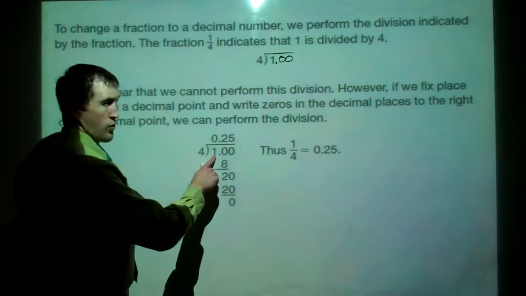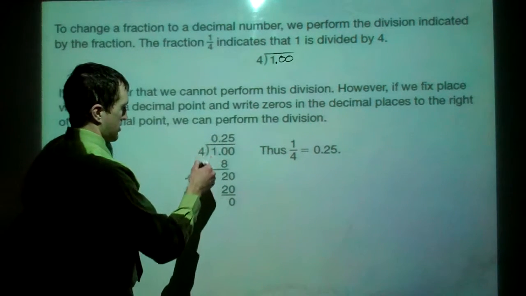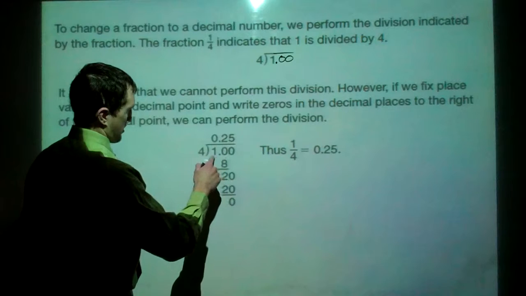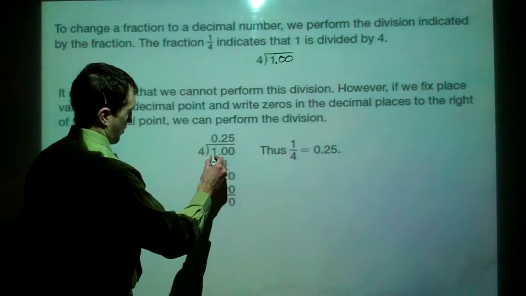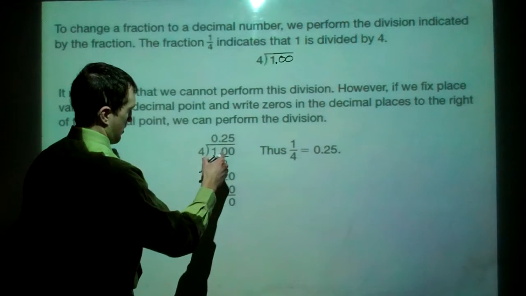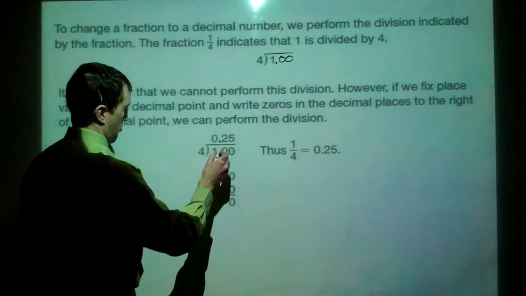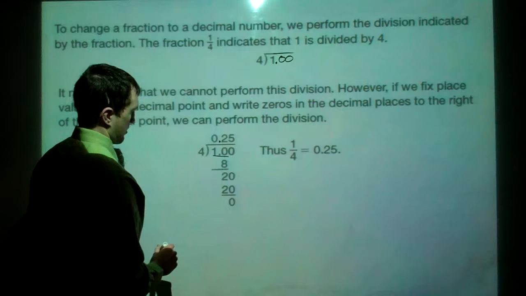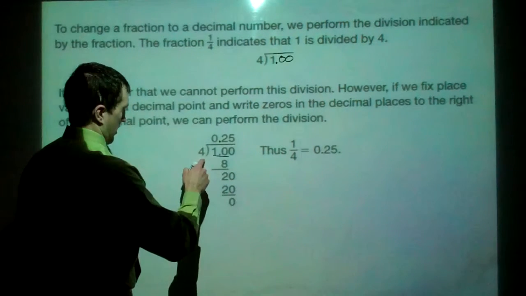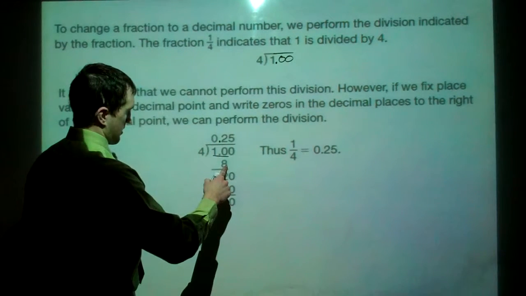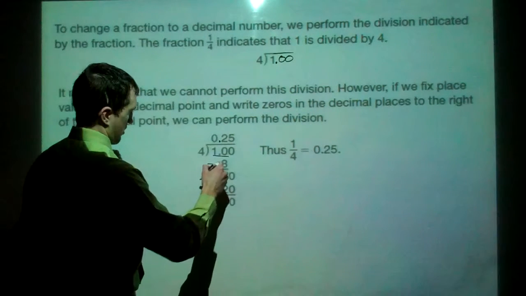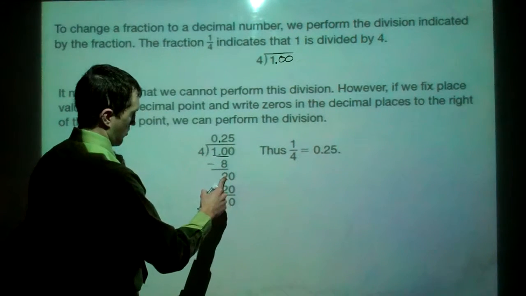4 does not go into 1, goes in there 0 times. So we move on to 10. 4 goes into 10 twice. That's above. Keep our decimal point where it should be, right above 1.00. Okay, 2 times 4 is 8. And then we do the subtraction. 10 minus 8 is 2.